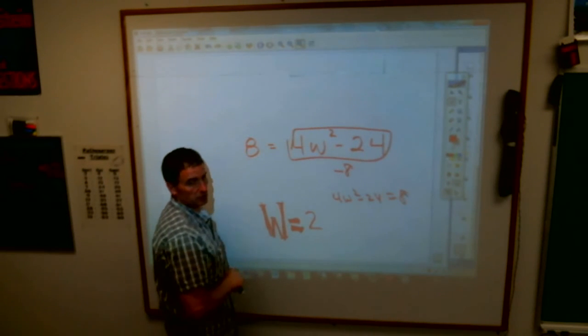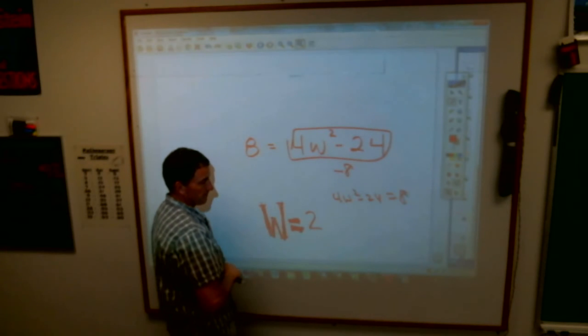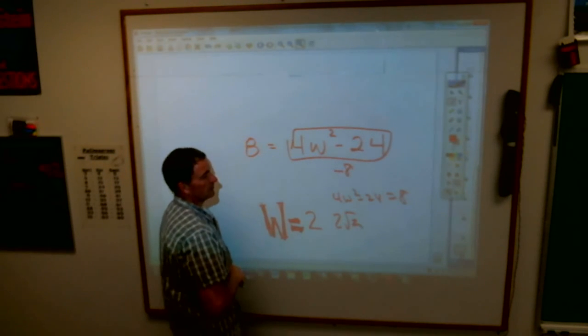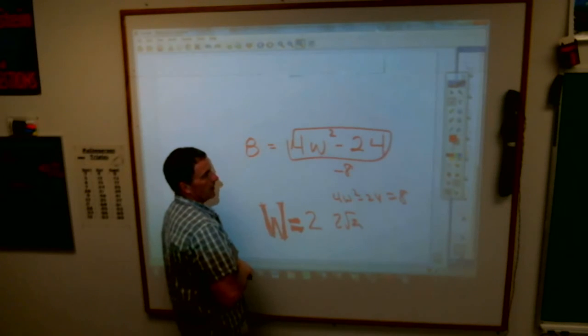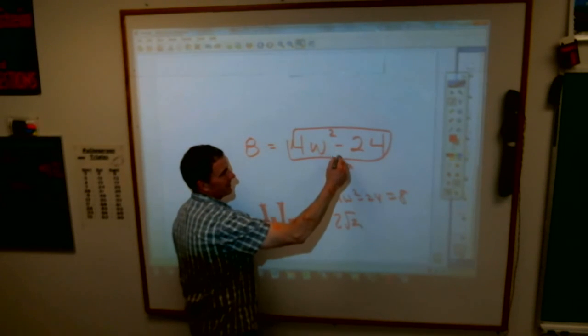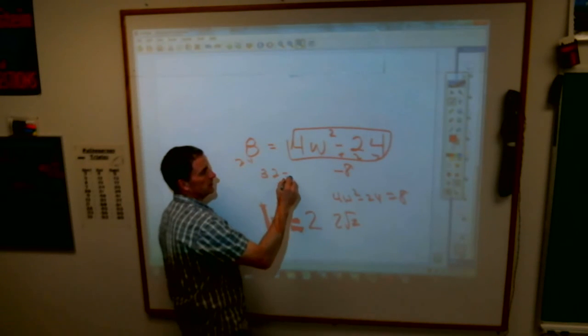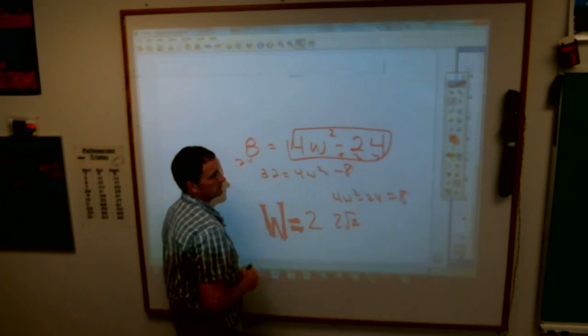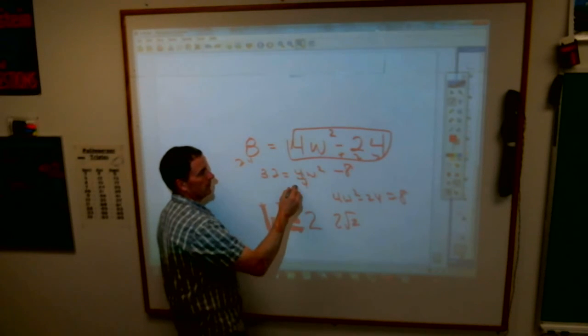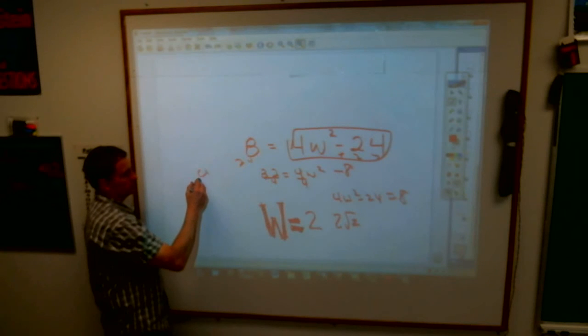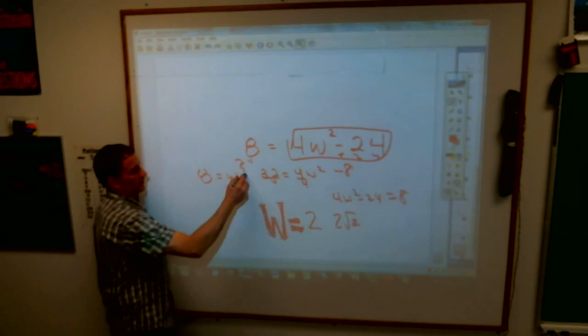In which case, Elijah? 2 square roots of 2. Let's check and see this. If I'm doing this equation, I add 24 here, I add 24 here, I get 32 equals 4w squared. You divide by 4, you divide by 4, you end up with 8 equals w squared.